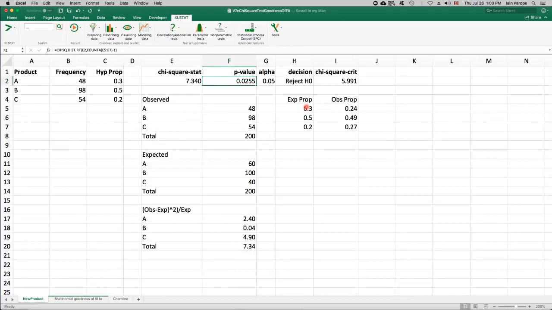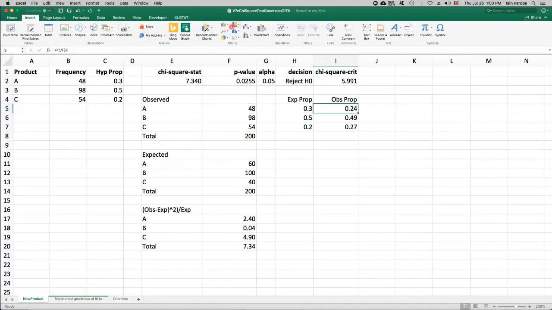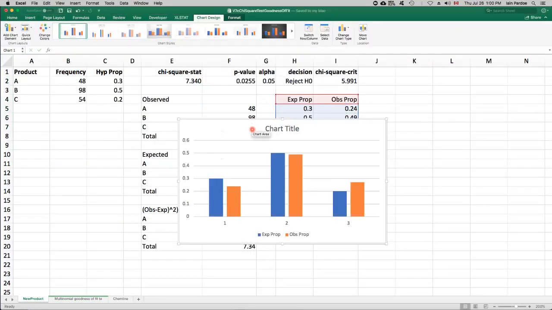present the analysis here using a bar chart, we could look at the expected proportions and then compare them with the observed proportions. So these observed proportions are just taken from the observed frequencies, dividing by the sample size. And if I insert a chart here, a bar chart, we'll get a visual representation of the results.